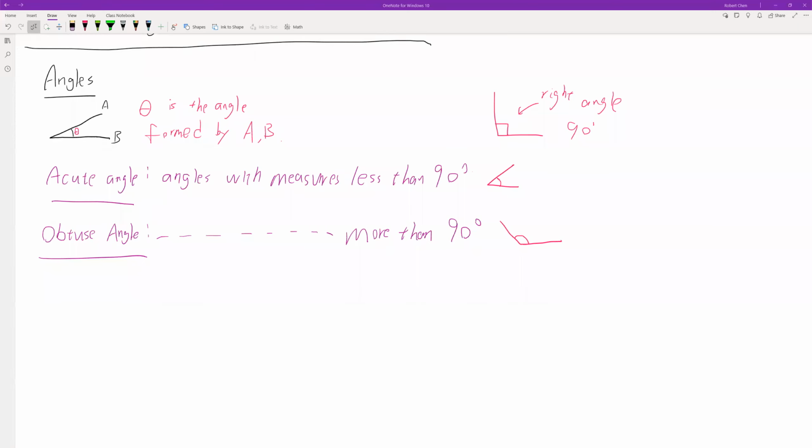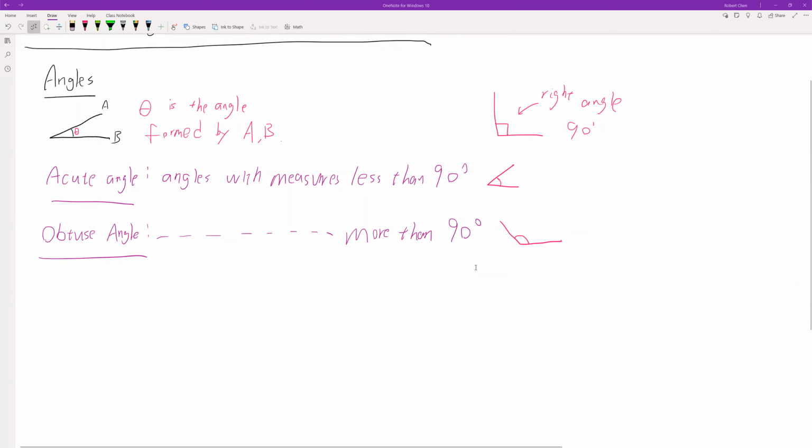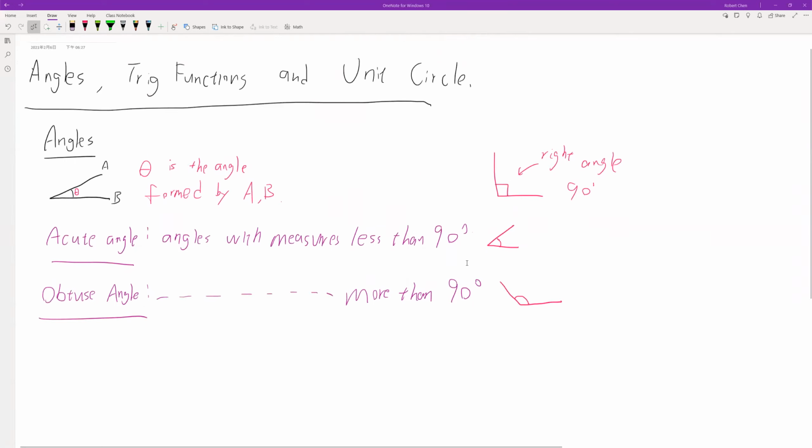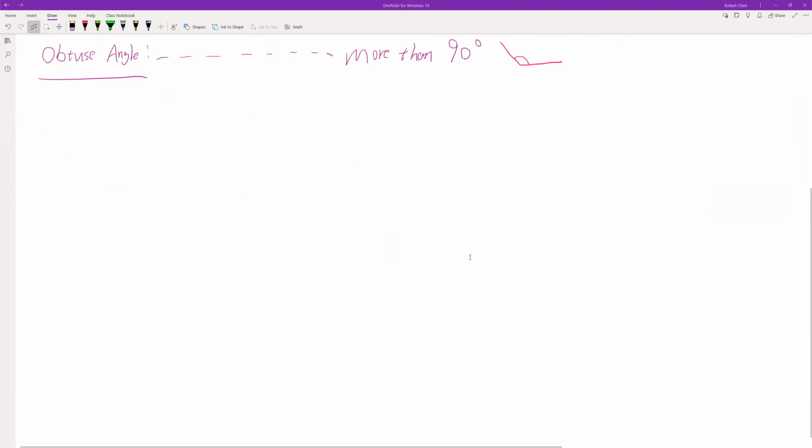All right, now that was a quick introduction to some angles, and there are other videos posted on Blackboard. You can check those out, and they have some more information on angles. But for now, I want to move on to trig functions, which is what we'll be focusing on a lot.